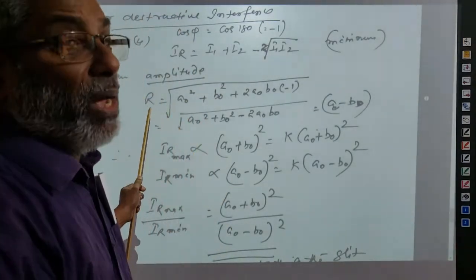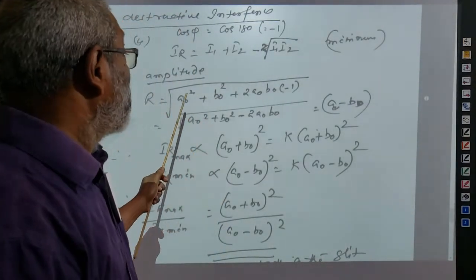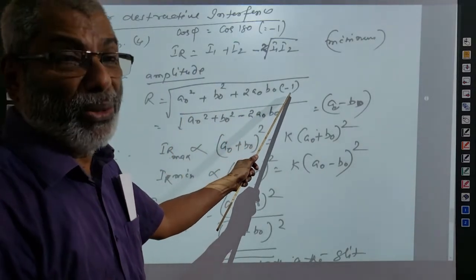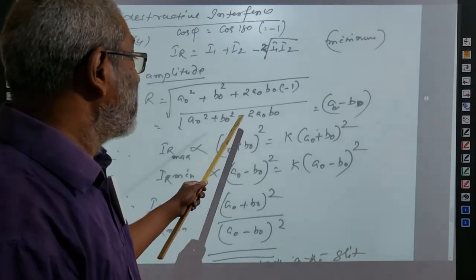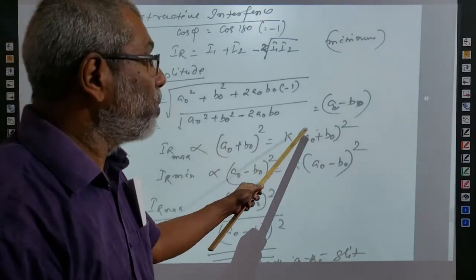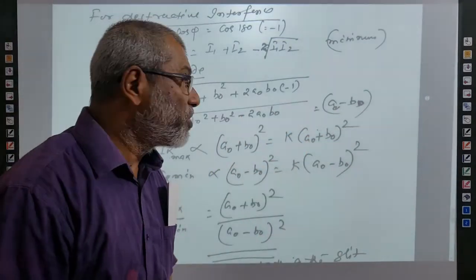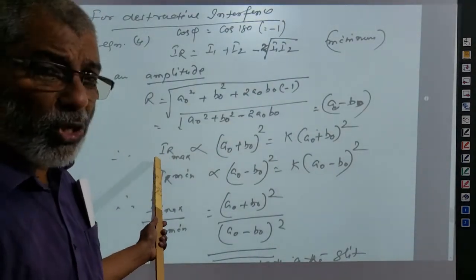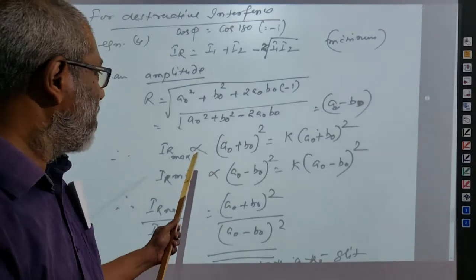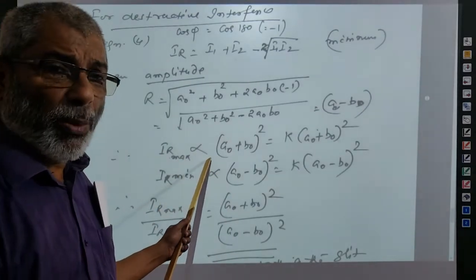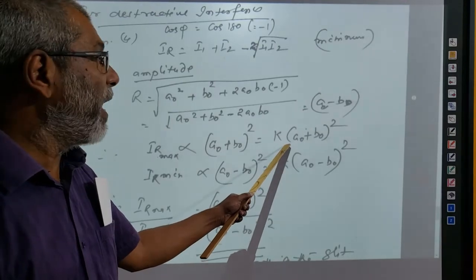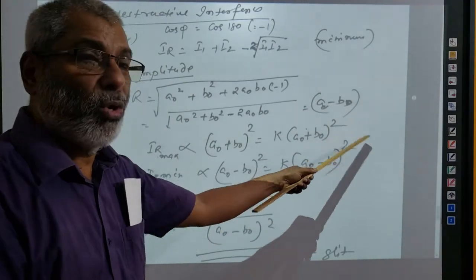Right? Okay. Then what is the resultant amplitude? That is root of A0 square plus B0 square plus 2A0 B0 into minus 1, that is minus 2A0 B0, which is equal to A0 minus B0. Hence we can write that intensity is directly proportional to the square of the amplitude of the resultant. So IR maximum is directly proportional to A0 plus B0 the whole square, that is equal to K into A0 plus B0 whole square.